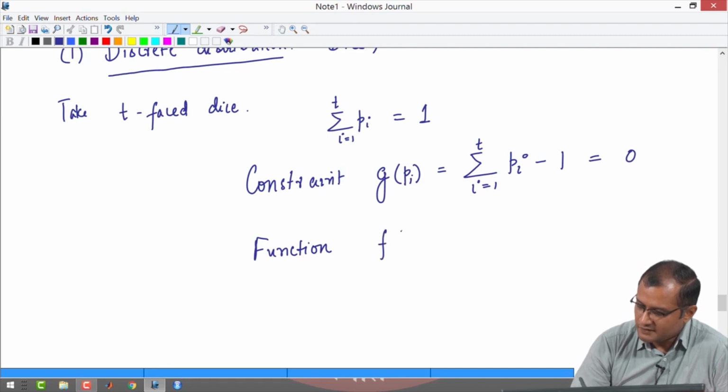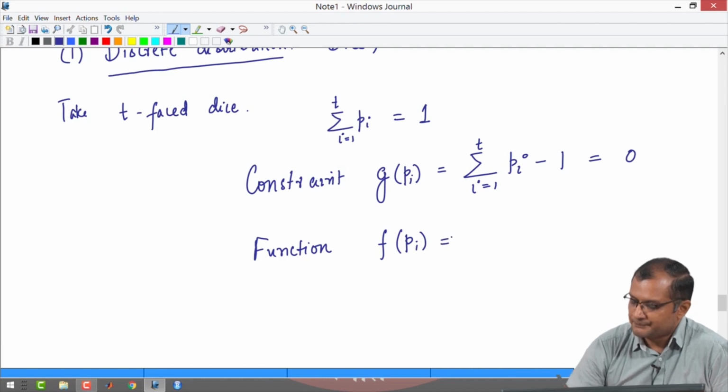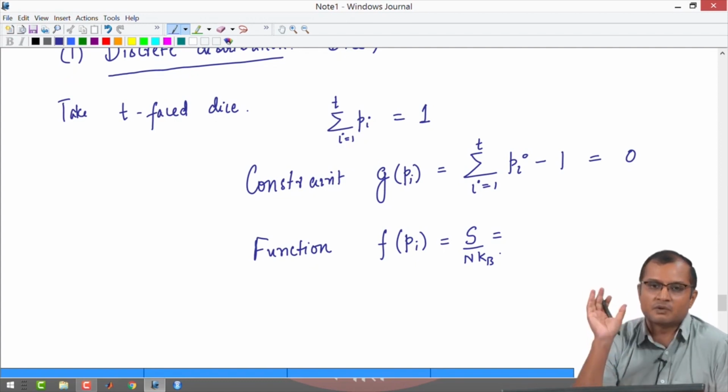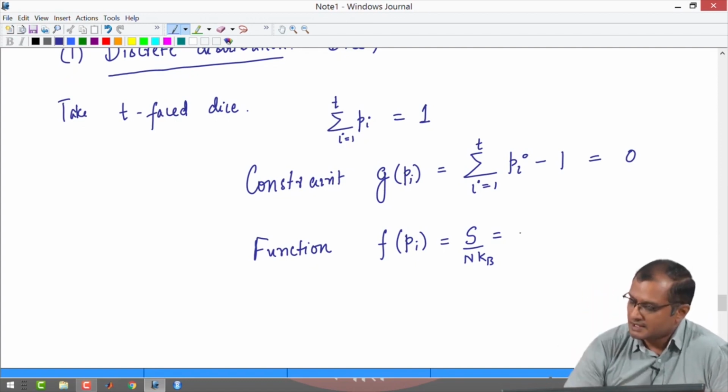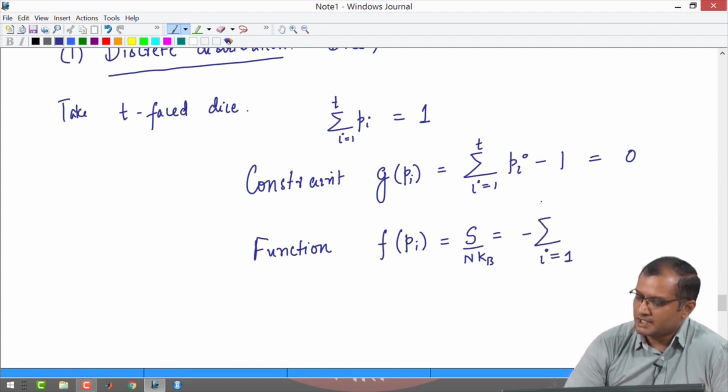So, my function of probabilities is nothing but the entropy. S upon N K B is the function that I want to maximize. It is nothing but minus summation I going from 1 to T P I ln P I, okay.